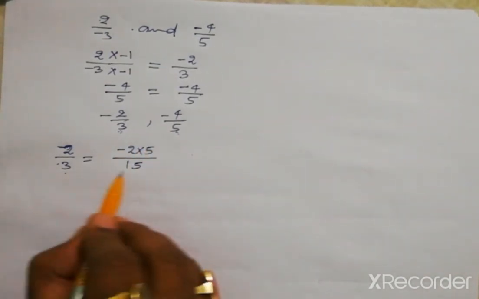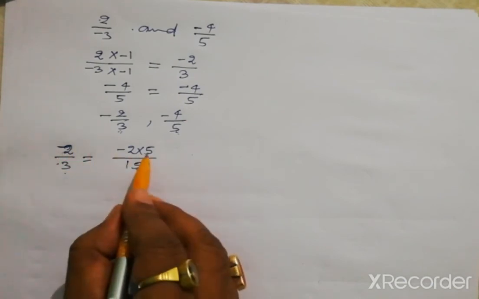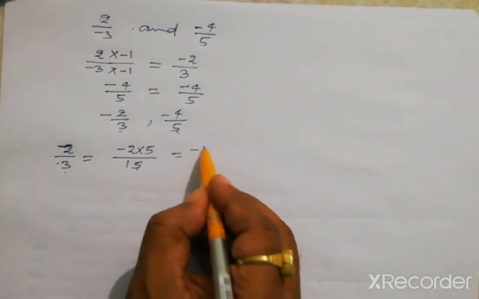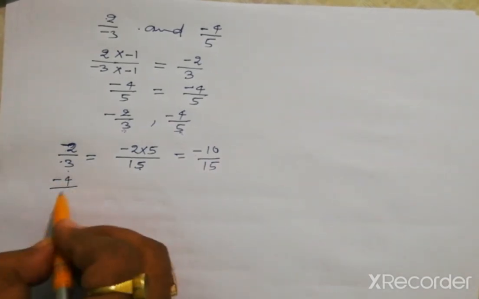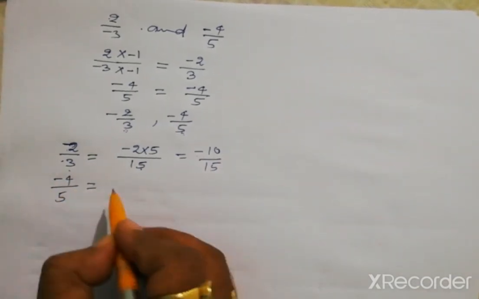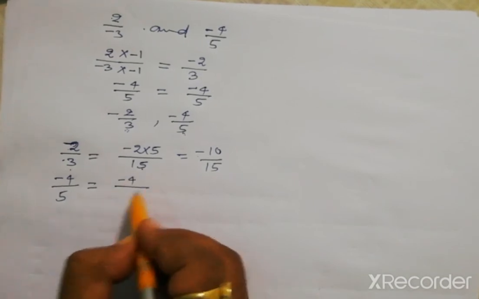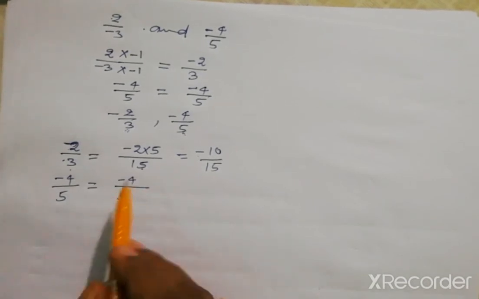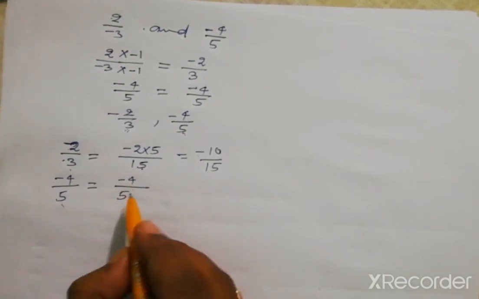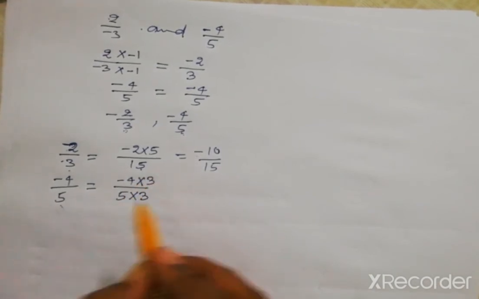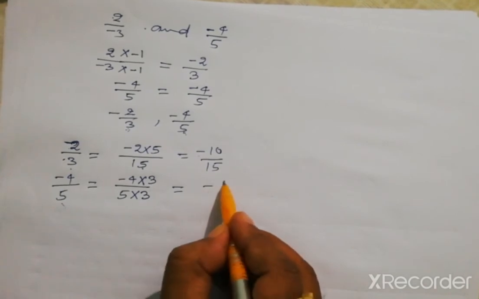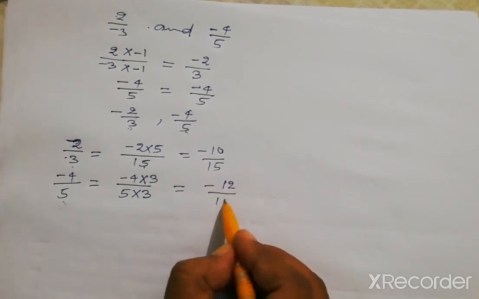Because 3 into 5 is 15 and minus 2 into 5 is minus 10. So minus 10 by 15. Similarly, minus 4 by 5 can be changed: we have to convert this one to 15, so you have to multiply by 3. Here also you multiply by 3, which gives minus 12 by 15.